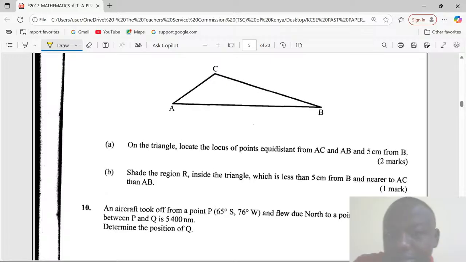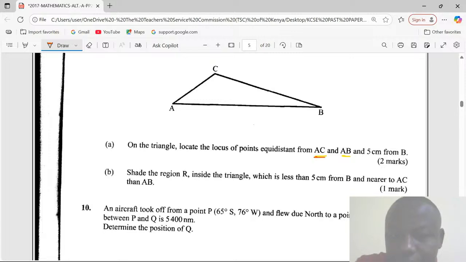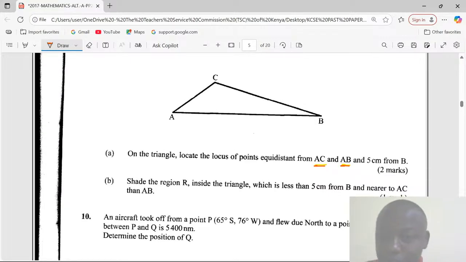That's a clear instruction. Then 5 centimeters from B. So we are supposed to know how to define loci first.